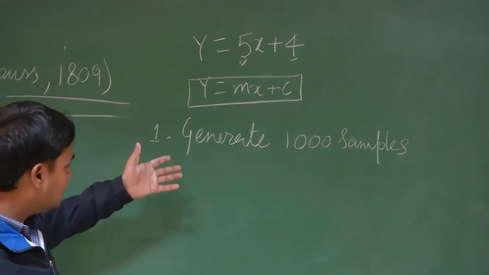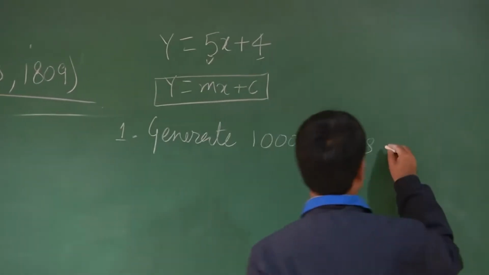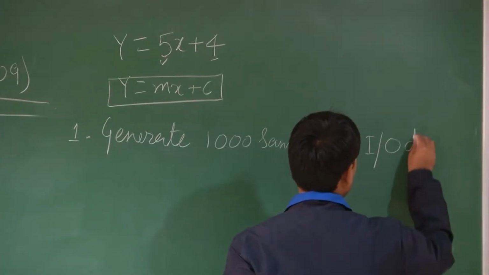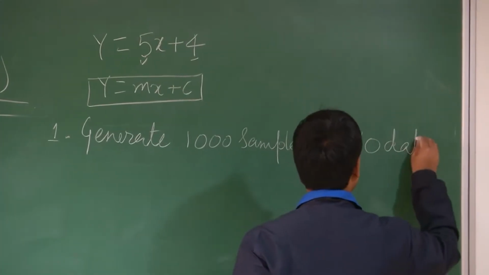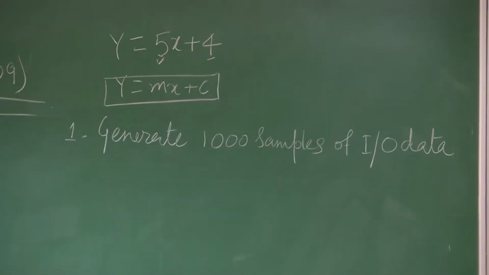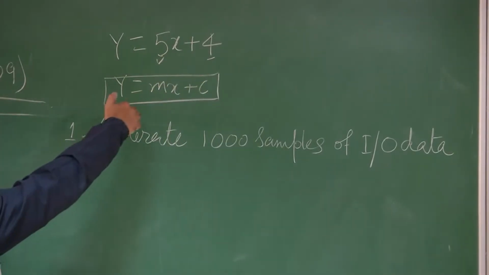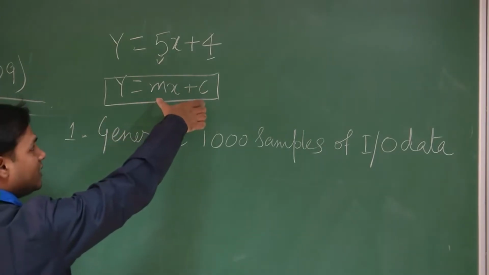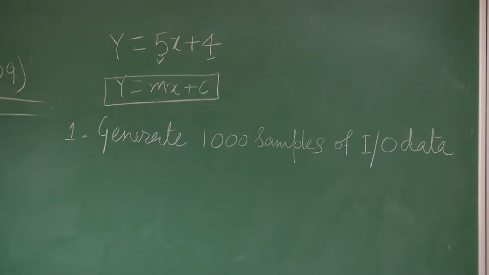So generate 1000 samples of input output data, right? It means now you have the input data and output data, and then your structure is like this. With that, you will try to identify those parameters. Assuming m and c are the parameters, can you find m and c correctly?